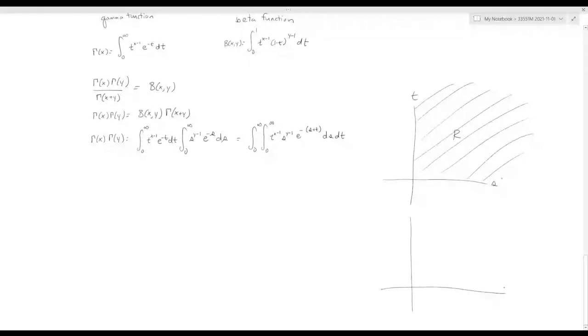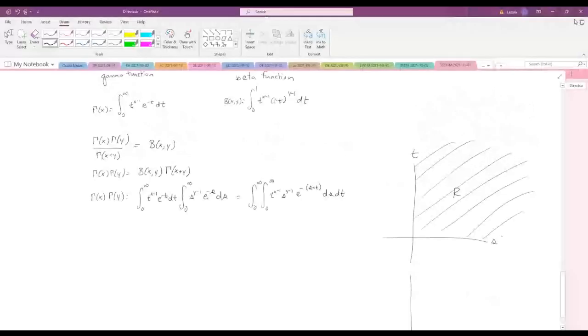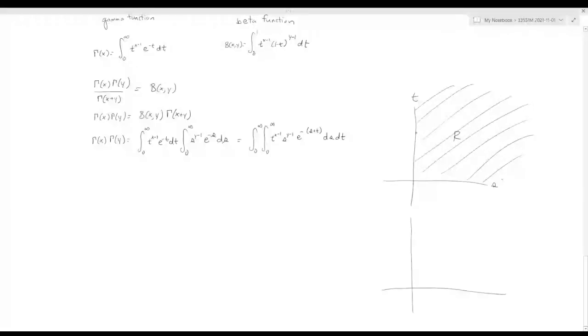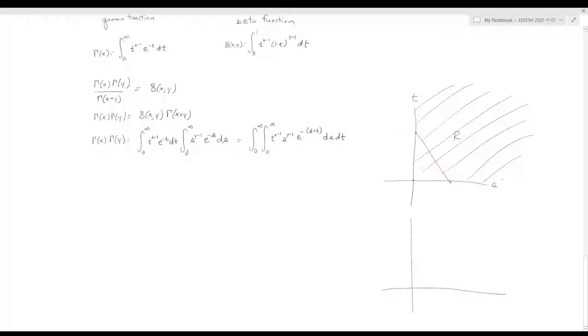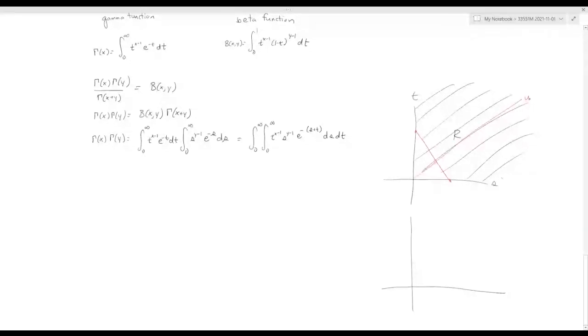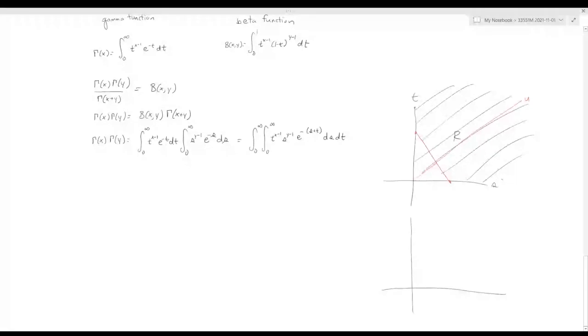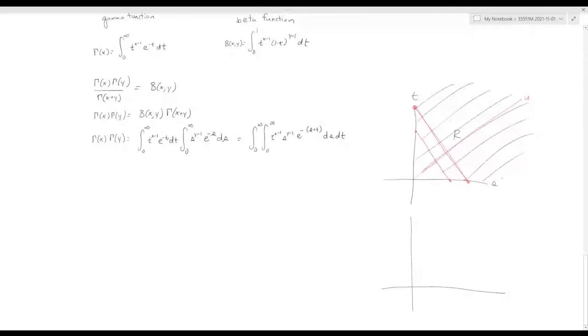What I'm going to do is I'm going to simply take a line here. Okay. And imagine that we have some coordinate called u. U simply tells us how far we go along, and then we have another coordinate. It's going to parameterize the segment given u.